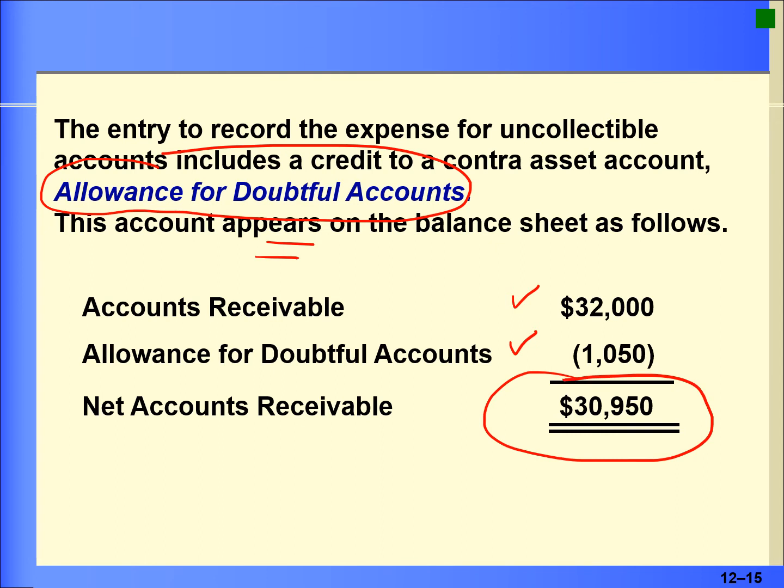So again, the way this allowance for uncollectible accounts or allowance for doubtful accounts shows up on your balance sheet, it's a contra asset, so therefore it's going to reduce your assets, and in this case AR is an asset. You subtract out the allowance, you're basically saying your net receivable would be that amount.